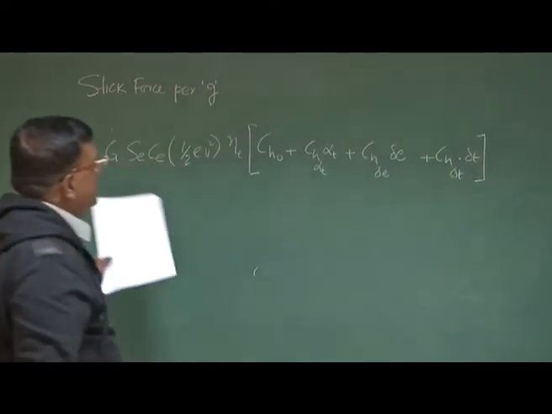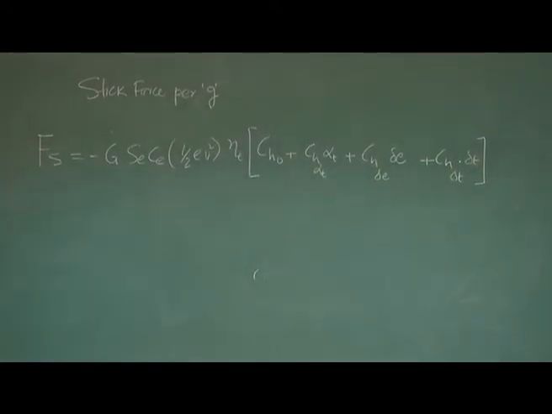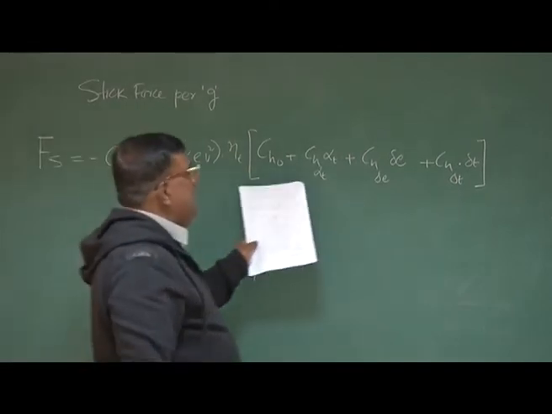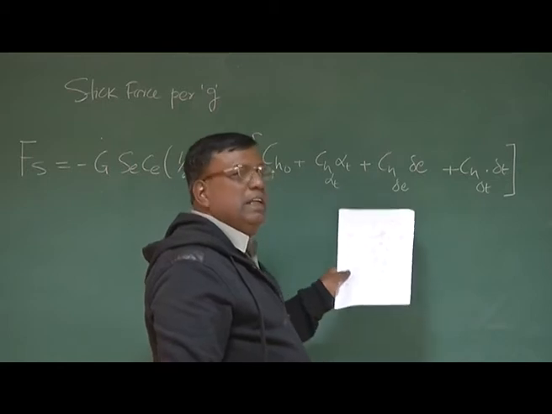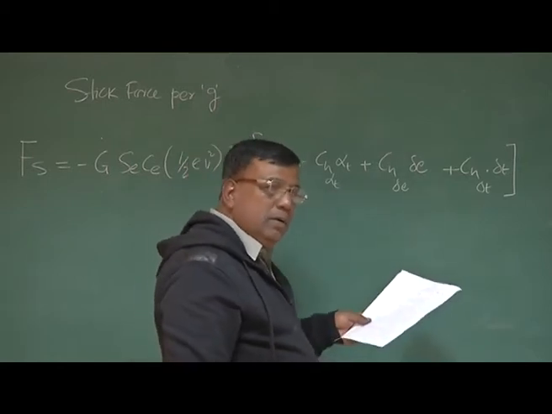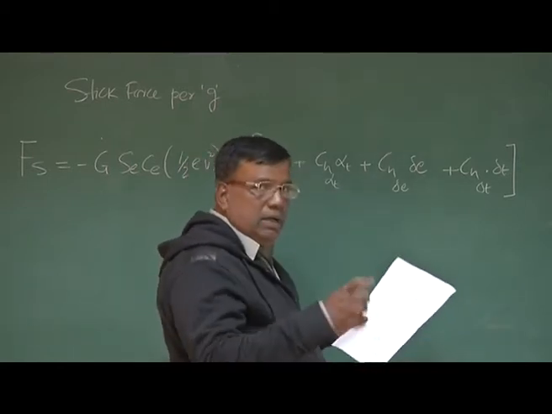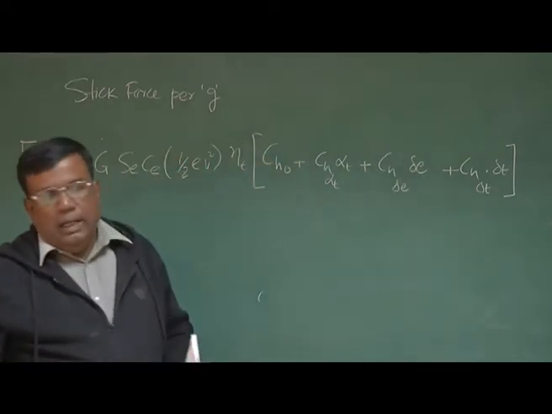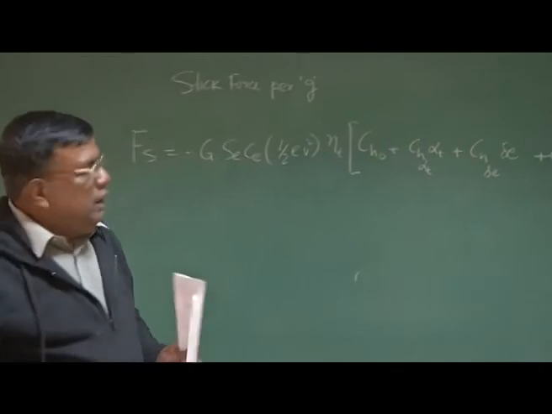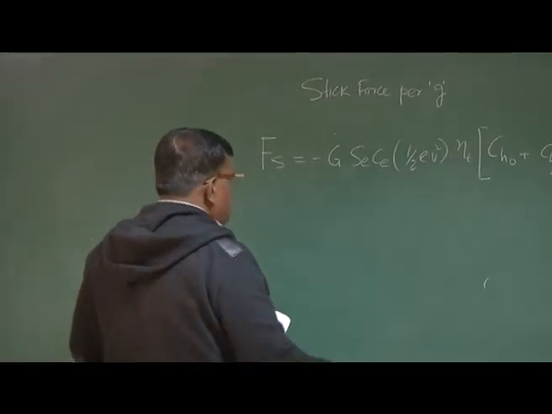Right? This is a general expression where Ch alpha t and Ch delta E are the hinge moment coefficients, which are negative for most cases, because the hinge line is ahead of the center of pressure over the elevator, and Ch delta t is also negative, and delta t is the tab deflection. Okay, this we all know by now.